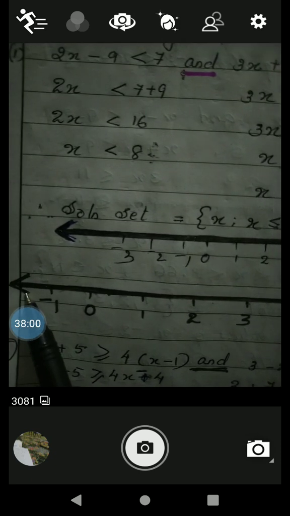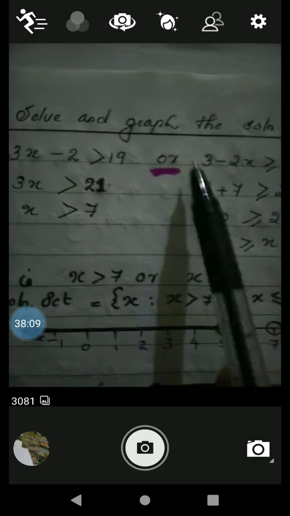Draw the circle in between and darken it. At the same time you have to write 5 and 1 by 3 there, otherwise you will not get the mark. And darken this line, and the left arrow also. So this is the result.